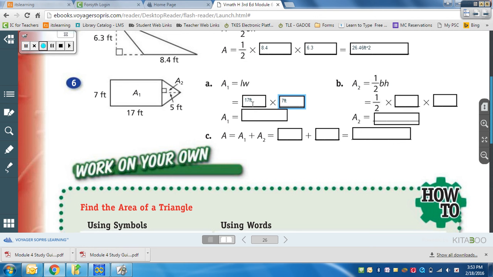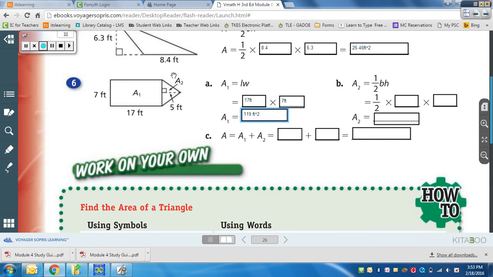So now what is 17 times 7? 119 feet squared. Okay, so area 1 is 119 feet squared.